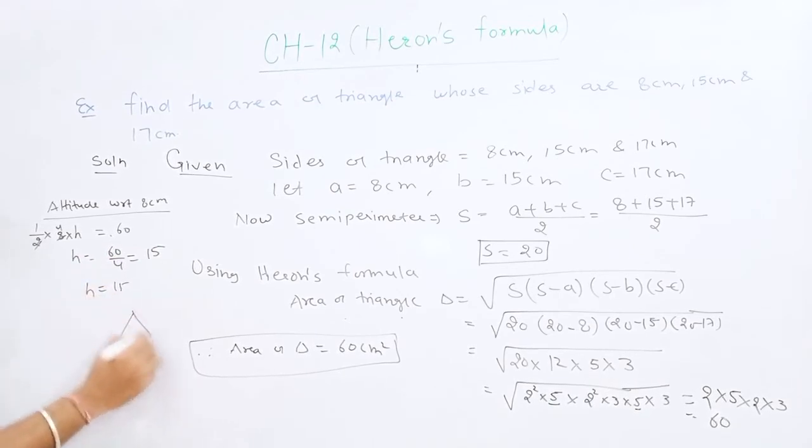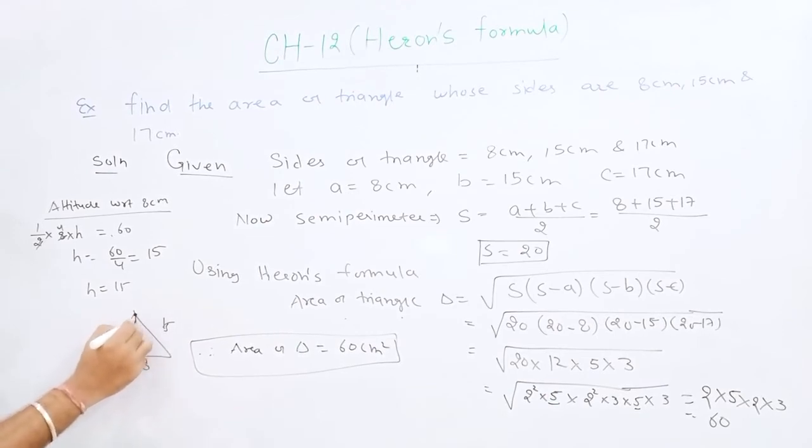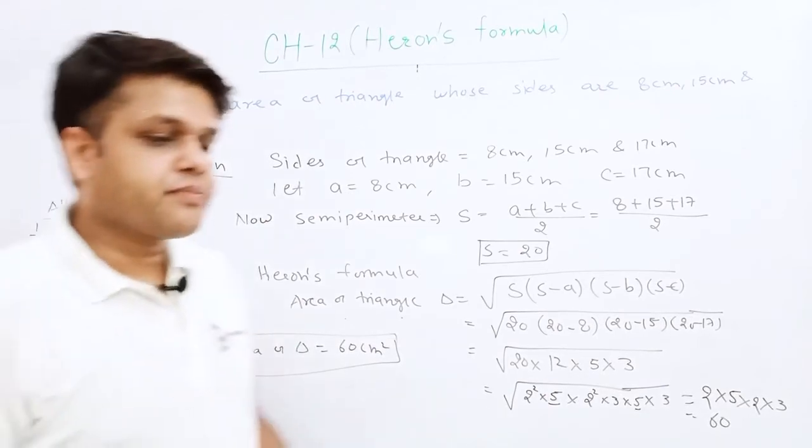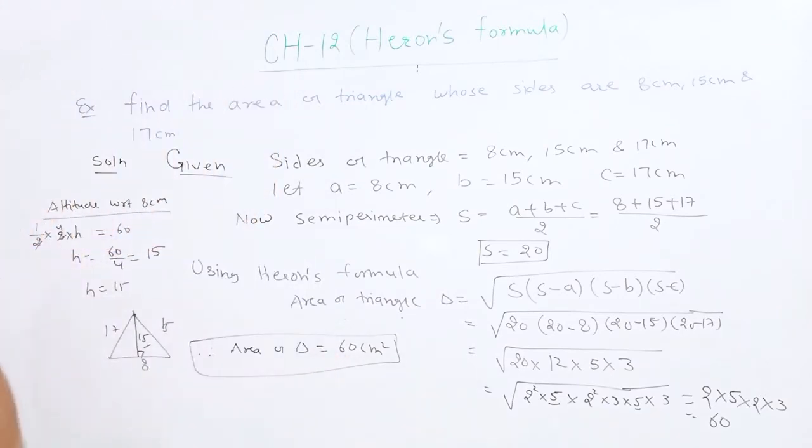So if you make a triangle which is 8 centimeter, 15 and 17, then this perpendicular distance is what? This is 15. So guys, from the calculation point of view, again we have to check this is 15 or not. Half into 8 into height, which is equal to 60.